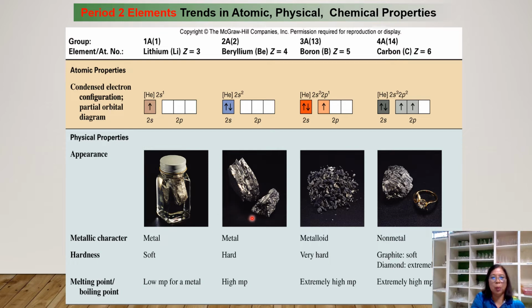Lithium and beryllium are well-known metals, although lithium is more so as compared with the hard beryllium. And then you have boron. Boron is a metalloid, it is very hard. And of course, carbon. Carbon is a non-metal, no?